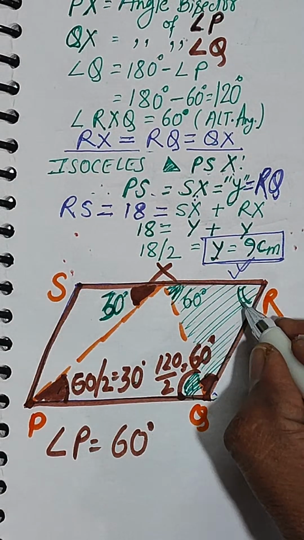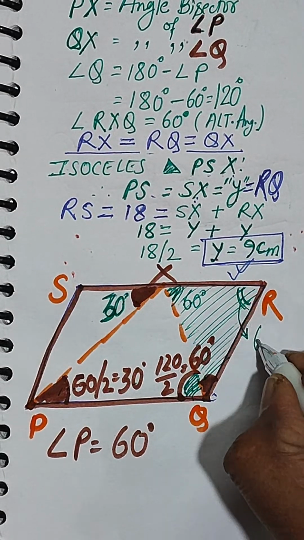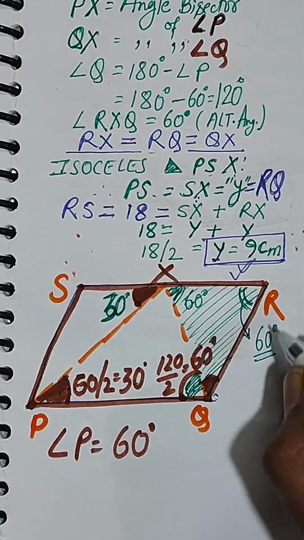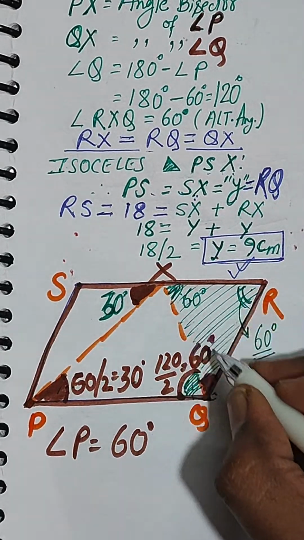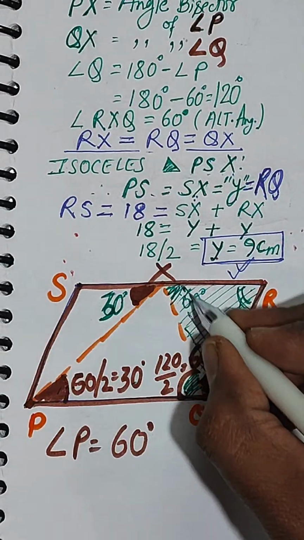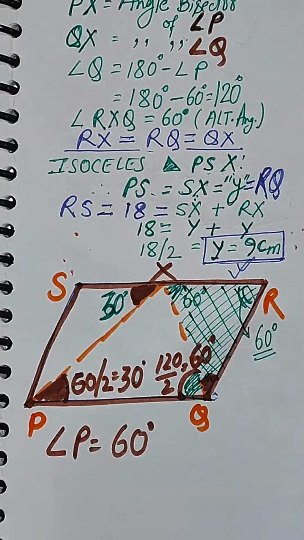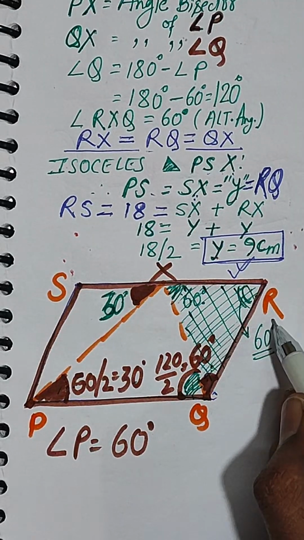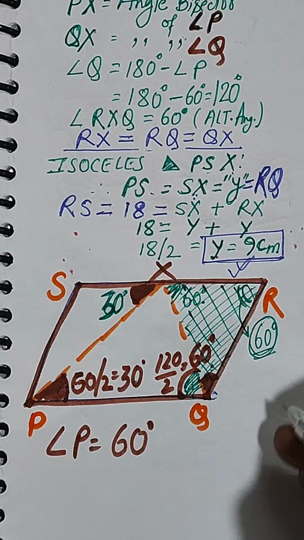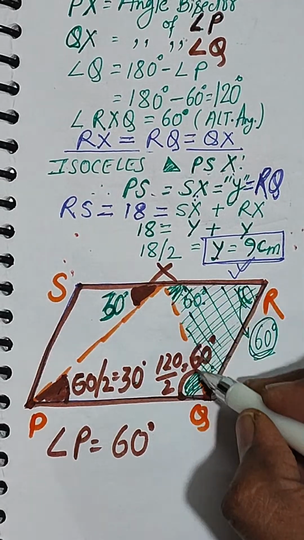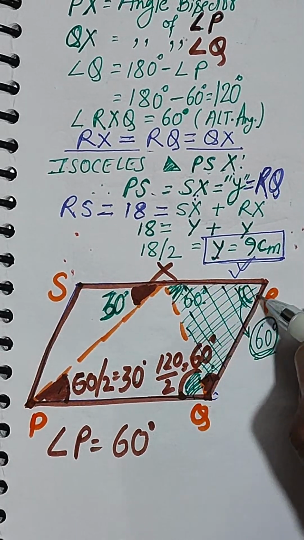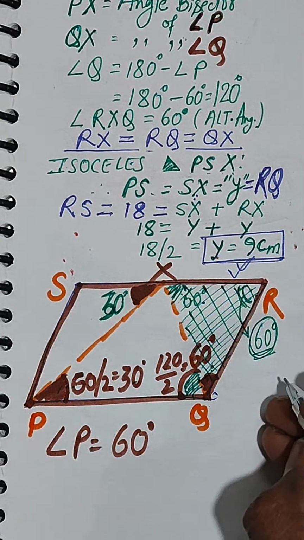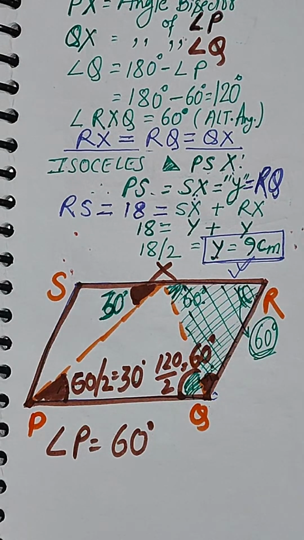If this is an equilateral triangle, then angle R is also equal to 60 degree, because sum of all the angles of any triangle is equal to 180 degree. Then if this is 60, this is 60, then third angle is also 60 degree. So we can say that all these three sides, XQ, RQ and RX, are equal to each other, being an equilateral triangle, right?